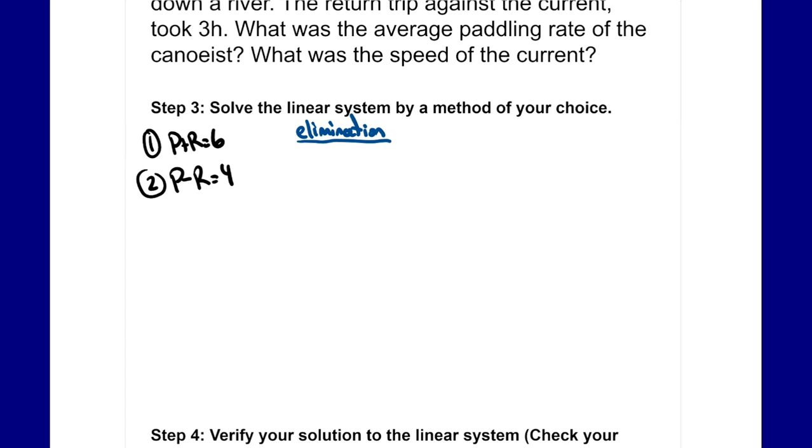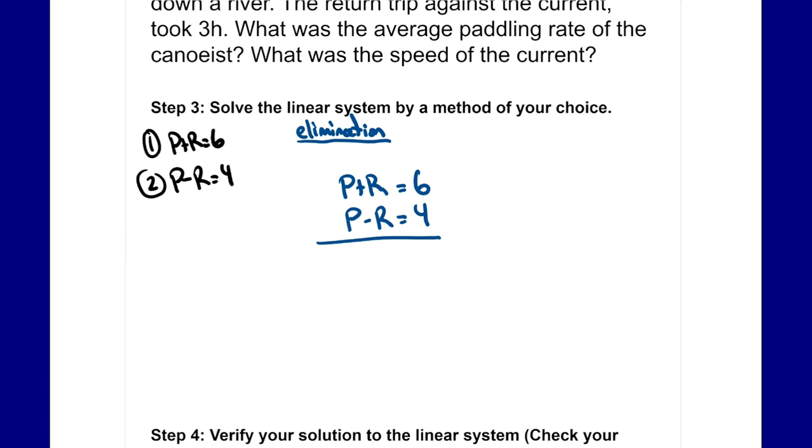So if I line up my equations, P plus R equals 6 and P minus R equals 4. Now I just have to figure out which variable I want to eliminate, because that will determine which operation I use.